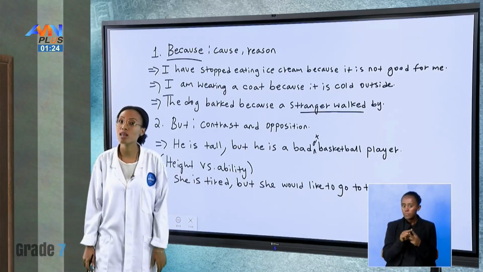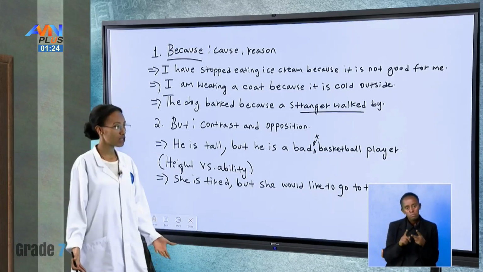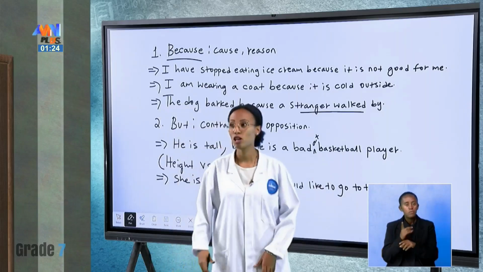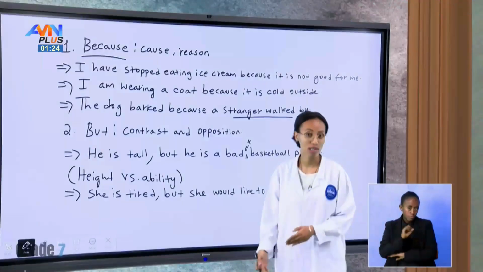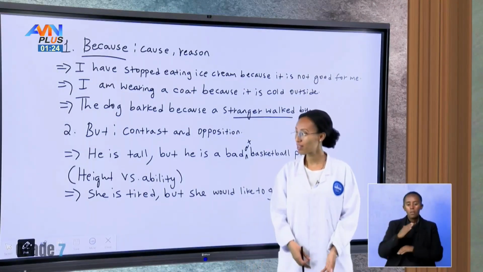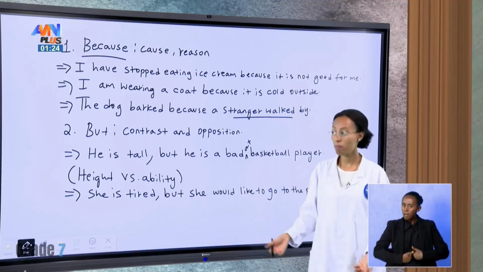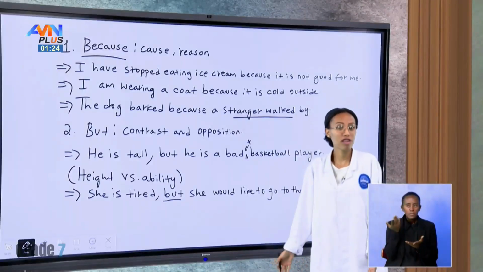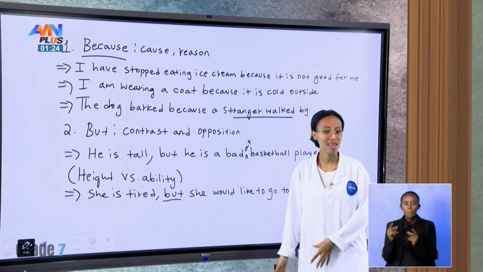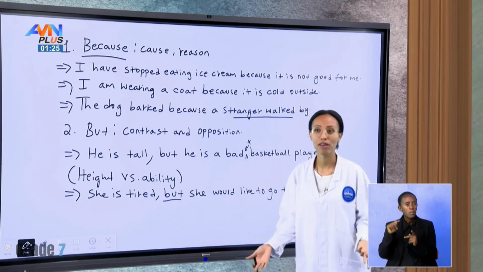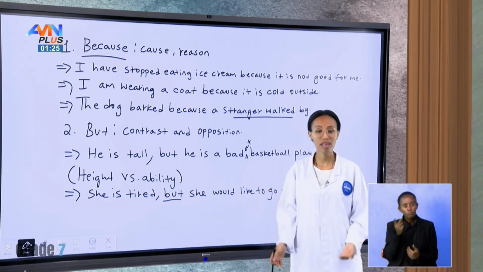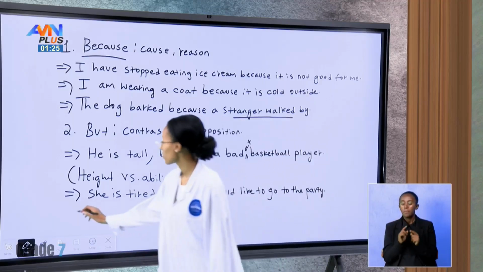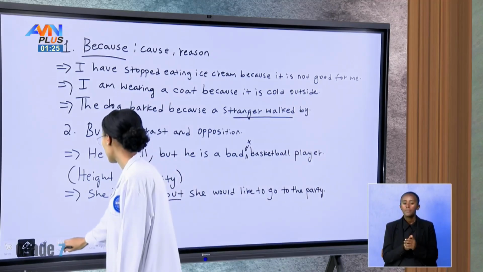If someone says, I'm tired, then that person is usually advised to do what? To take a rest. If you are tired, take a rest. But in this case, she is tired, but she is thinking or preparing to go to a party that would be more tiring. So, two opposing ideas. But, okay.